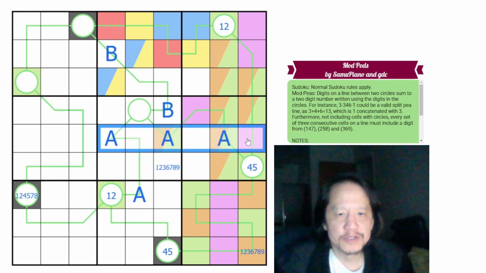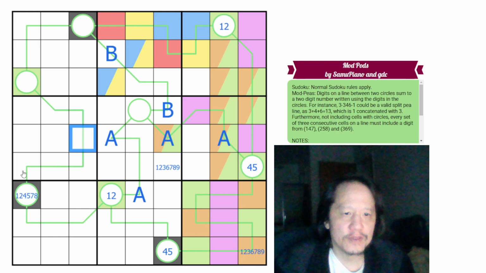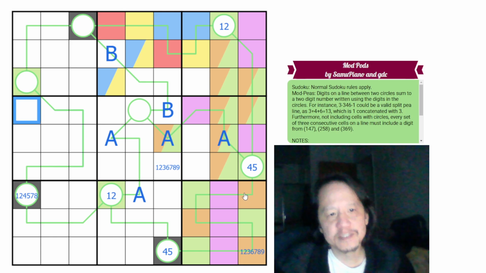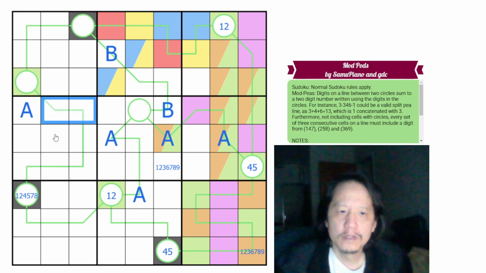Therefore, these are all the same set, which means none of them can be here. So it cannot be this one. This then has to be an A. And it has to be either these two or these two, right?